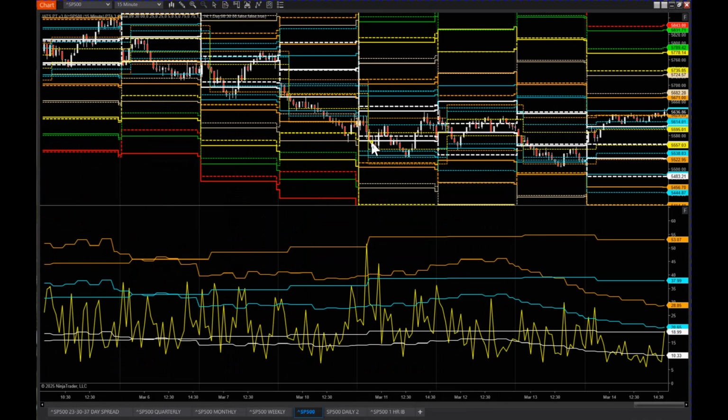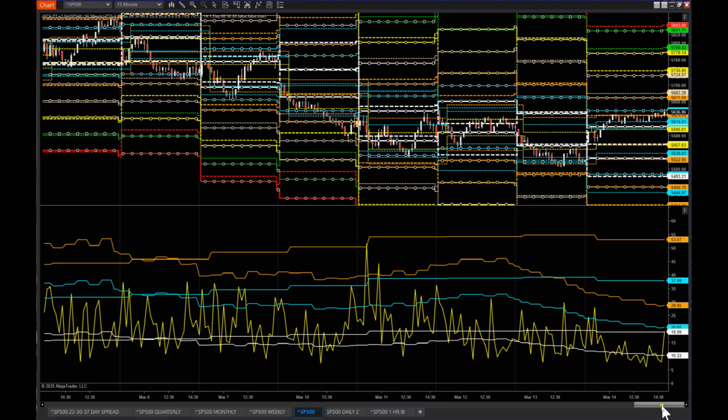Right here, you can see that it broke out of the ones and went down. It kind of got pinned here at this 1.25 outside the distribution. See how they come in automatically to pin it on these levels.